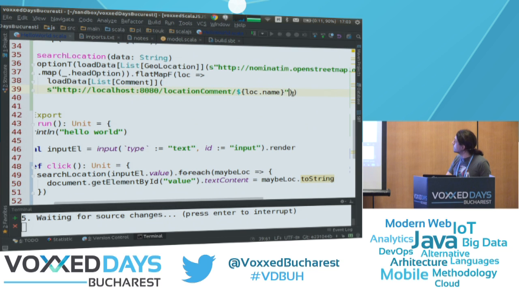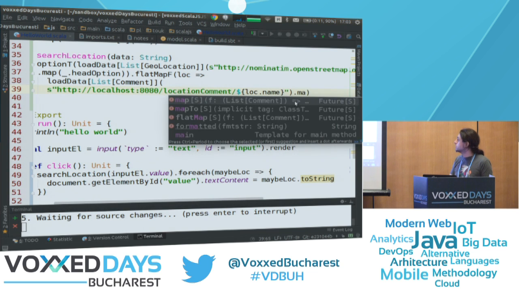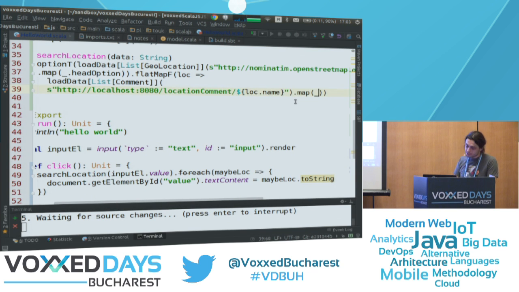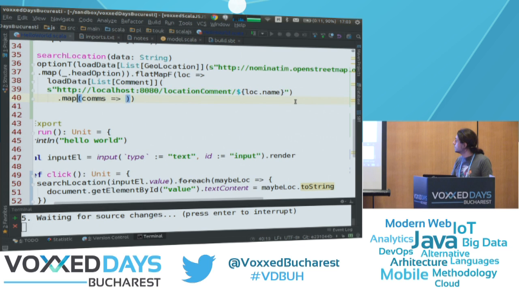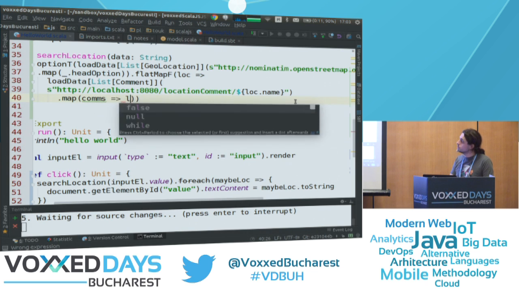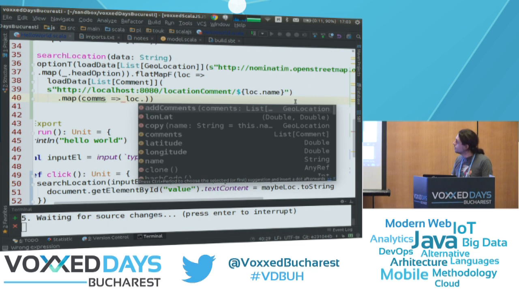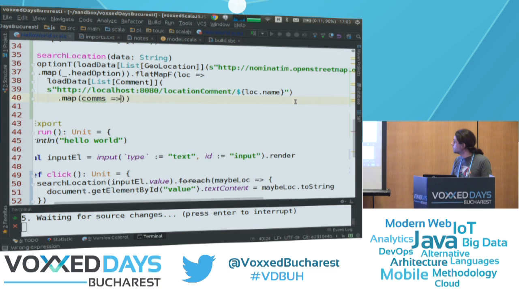So we've loaded the string. We loaded comments for that location, and again we use idiomatic Scala or Scala-Z code. And what will we do with it? As with normal idiomatic Scala-Z code, it's not so easily readable, right? But hopefully it will work.